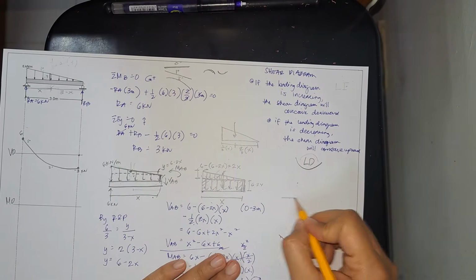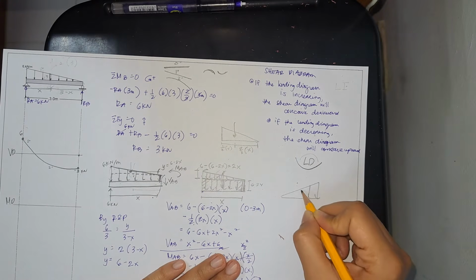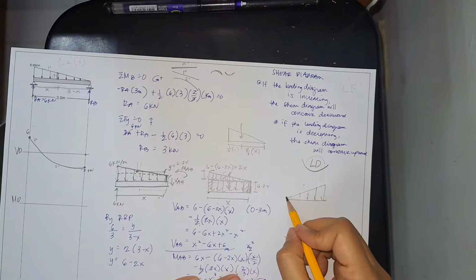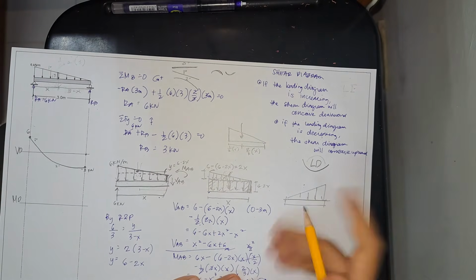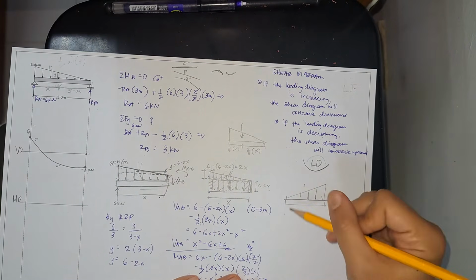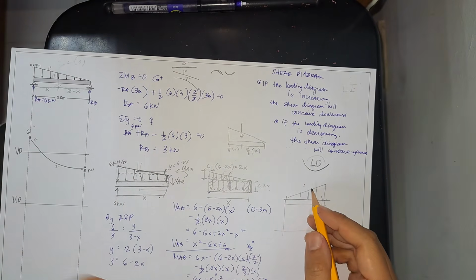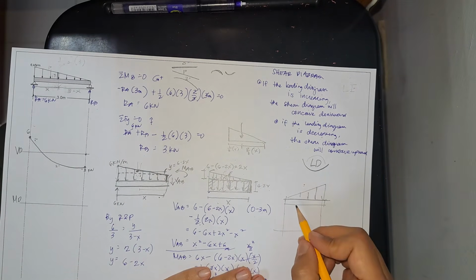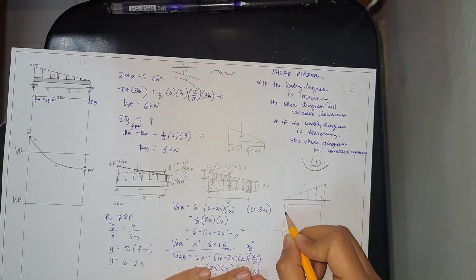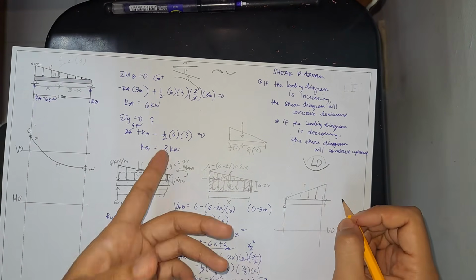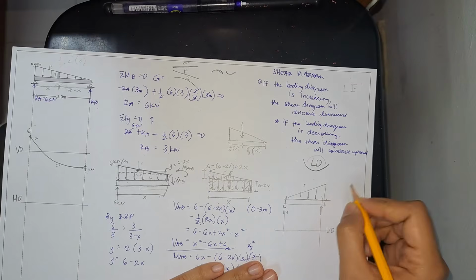So, paano naman pag ganito? Okay, pabaliktad. So, imbis na ganyan, ganito na yung ating magiging diagram. Of course, we will have here the shear diagram. So, ano ba yung value? Parang babaliktad rin lang natin siya. So, ang magiging value mo dito is still 3. RB is, of course, 3. Tapos dito, we have 6.